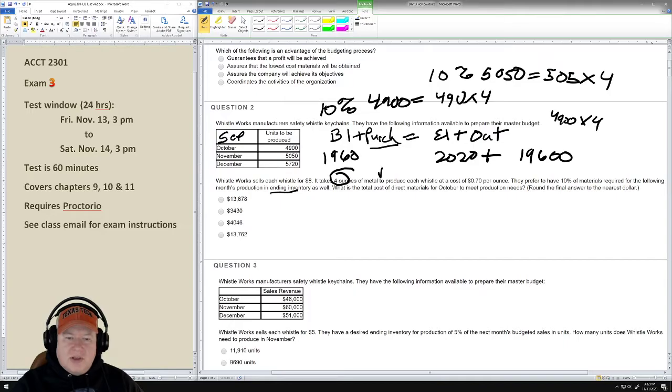To get the purchases here, we take these two, add them together, and then subtract 1960, in other words, bring in the beginning inventory. And that comes out to 21.